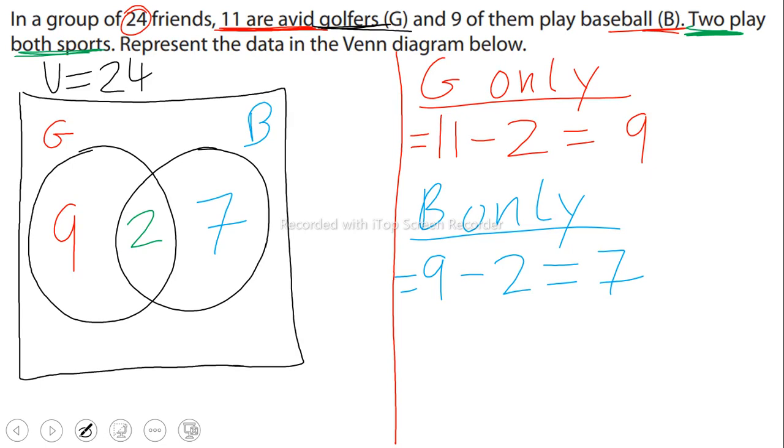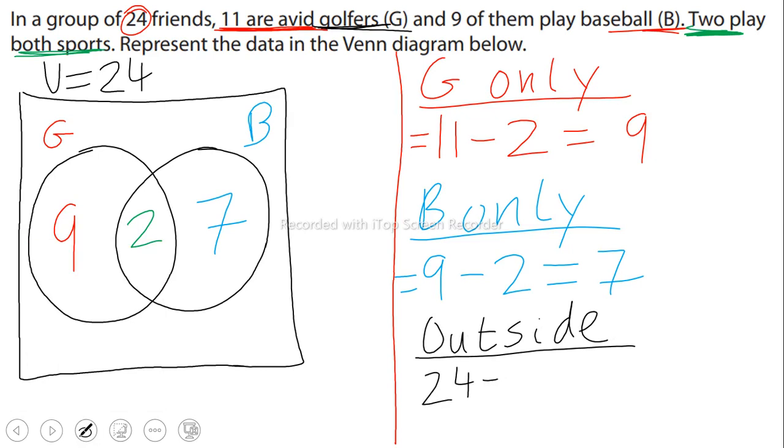Then we add them together, see if we get 24. Okay, so is it 24? No, clearly no. So we have 9, 2, and 7. That means we need to figure out what's on the outside. 6 will be on the outside.